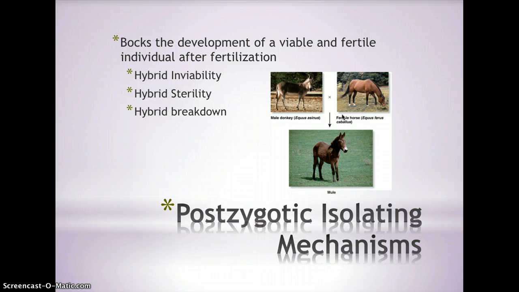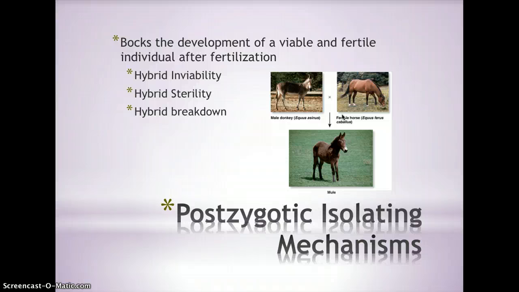Unlike prezygotic isolating mechanisms, where the zygote doesn't form, in postzygotic isolating mechanisms the zygote forms but never actually develops after fertilization. And there are three different ways this happens. The first way is hybrid inviability, where the egg is fertilized by a sperm, but it never develops past the embryo stage. The second way is hybrid sterility.